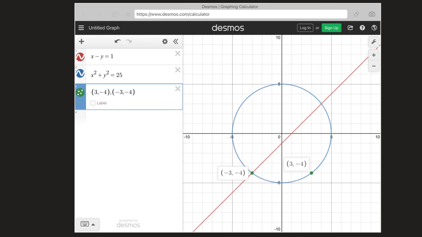(-3, -4) and (3, -4). However, when we go through to solve the system, we are looking for the point of intersection. The problem that arose by subbing that into equation 2 was that I can have points that are above each other or across from each other on a circle.